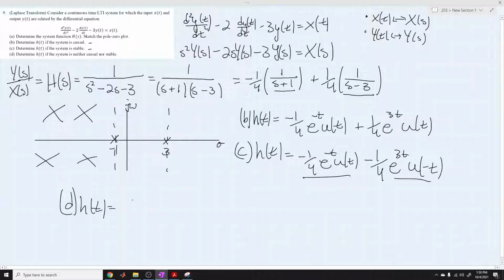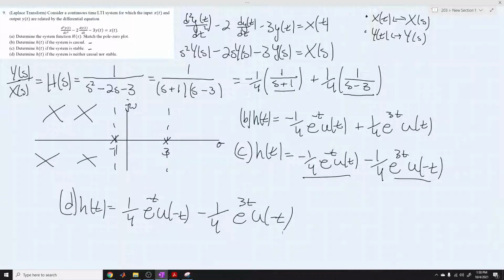So we're going to have a minus -1/4, which will just give us a positive 1/4 e to the negative t times u of negative t, minus 1/4 e to the 3t u of negative t. And that's that. I believe everything looks correct to me. So I'll be back shortly. Thanks.